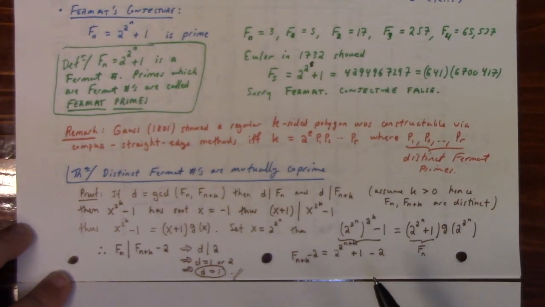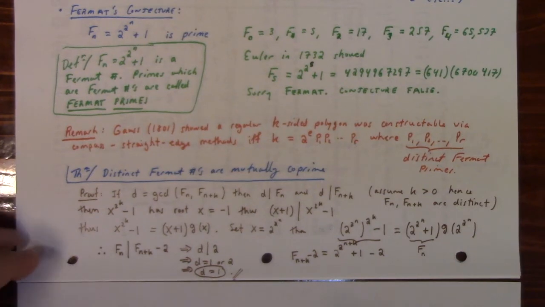But if 2 is a common divisor, that means that if the GCD divides 2, then the GCD is either 1 or 2, and it has to be 1 because the Fermat numbers are odd.